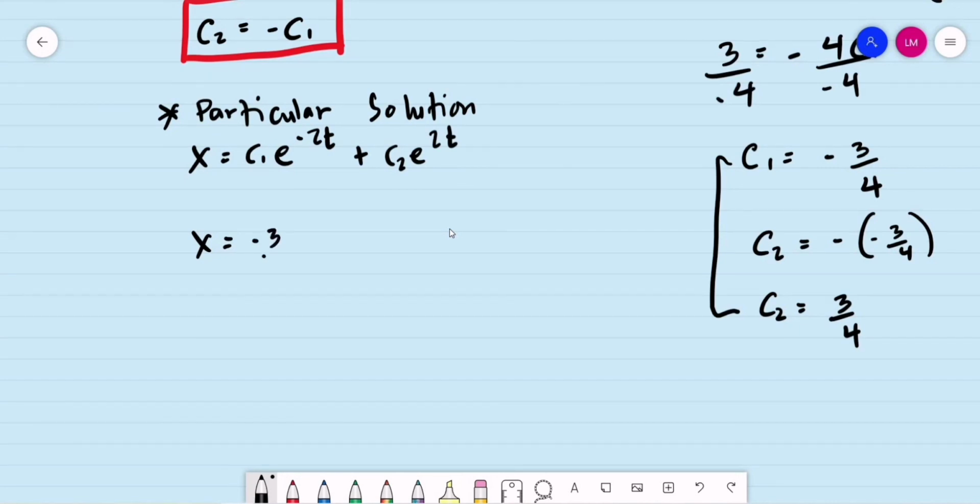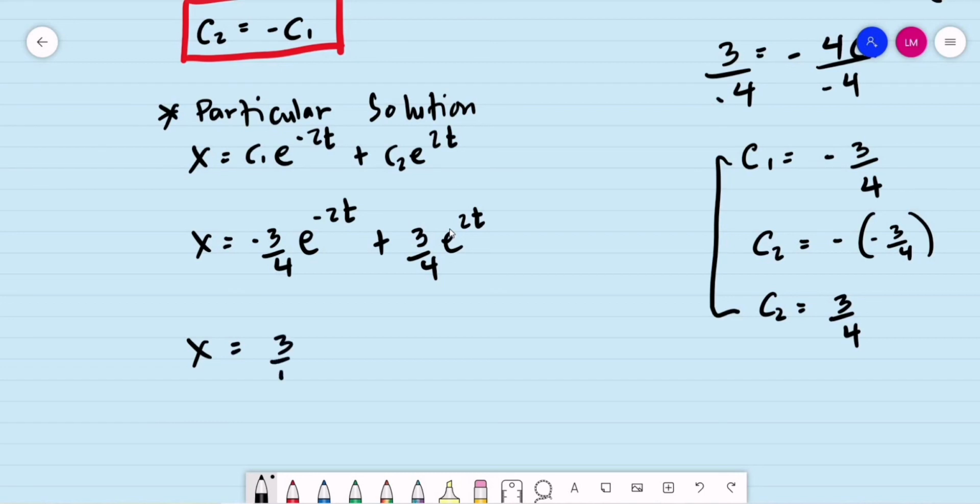That's negative 3 over 4 multiplied by e raised to negative 2t, then plus the value of c2, that is 3 over 4, e raised to positive 2t. So this is the particular solution based on the given.